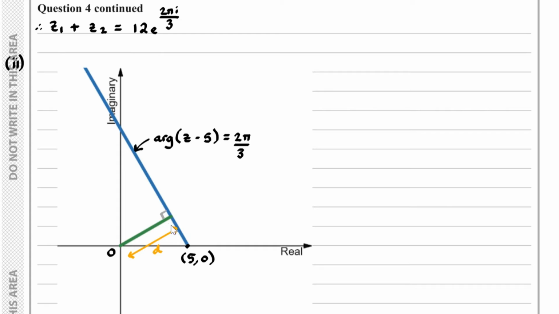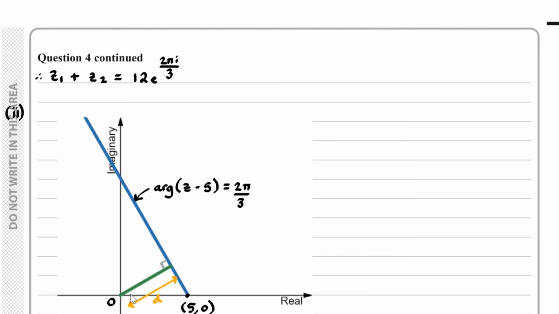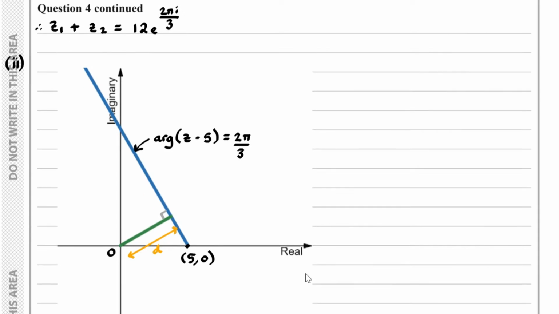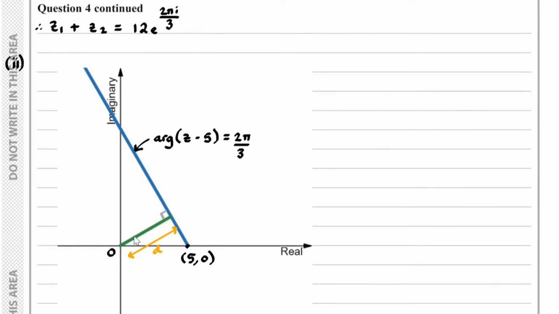And what we need to do in this question is determine the least value of the mod of z as z varies. And what that refers to is this distance of this line here, which is perpendicular to this half line. And so let's call that least distance d. So the least value of the mod of z as z varies, that is given by d over here.